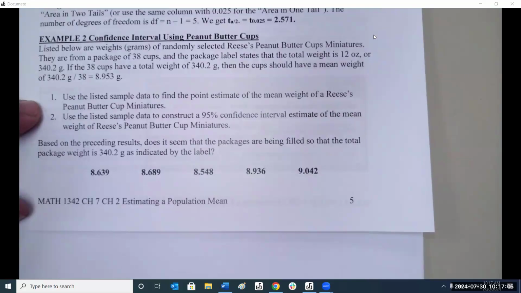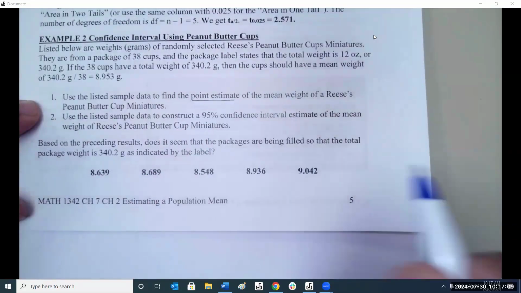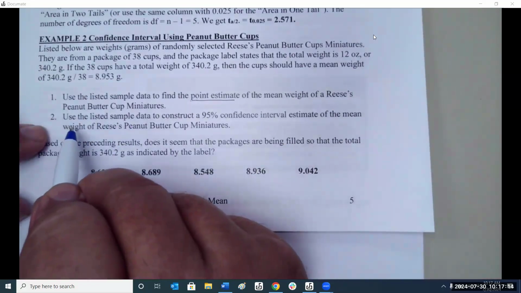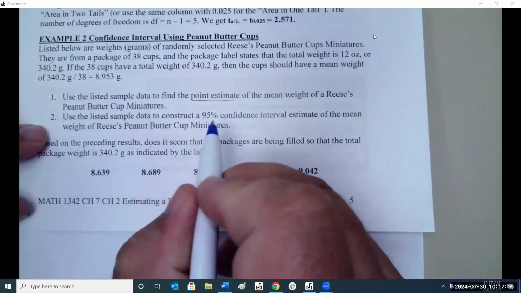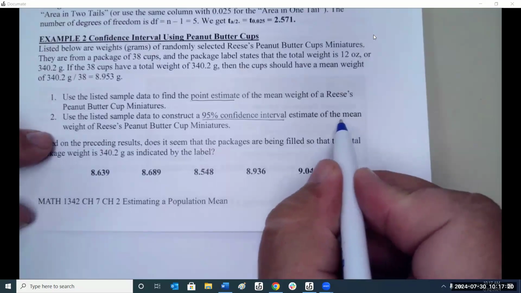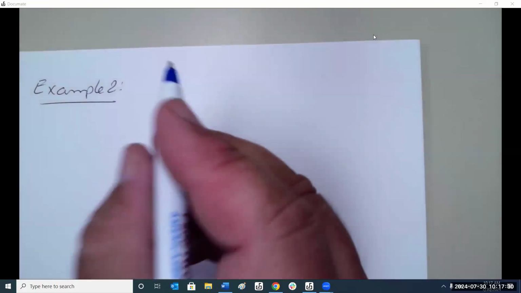Use the listed sample data to find the point estimate of the mean weight of the peanut butter cup. Use the listed sample data to construct a 95% confidence interval estimating the mean weight. So let me write down the information we have here.